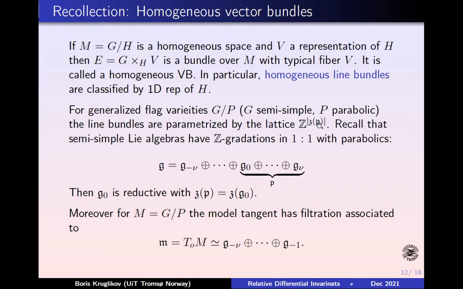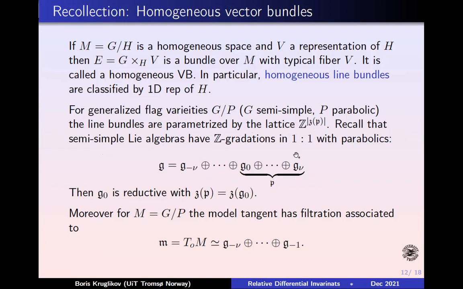Z, that's another type. I'm sorry, I have to correct it before I send the slides. That's not P. P has no center. That's the G0 part. So recall that semi-simple Lie algebras have Z gradations, which are, up to conjugation, in bijective correspondence with parabolics.